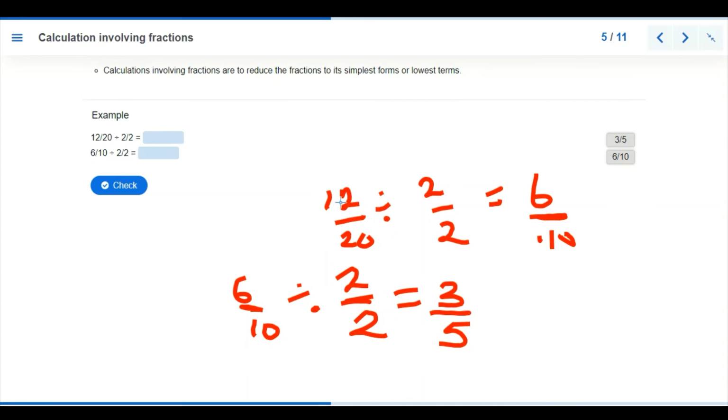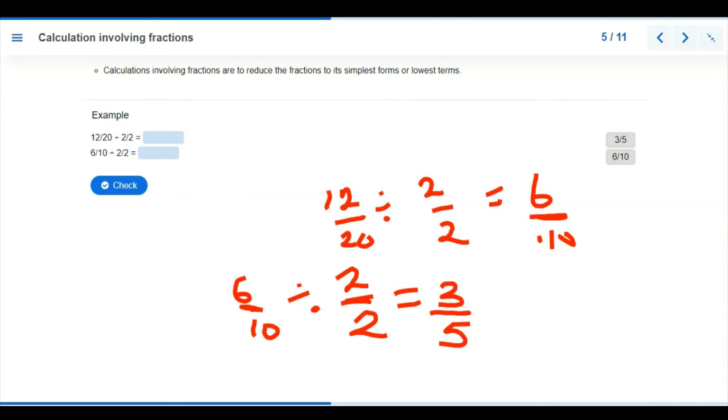So 12 divided by 20 will give us 6/10. While 6 divided by 10 will actually give us 3/5. So that will lead us to get the solution for this equation from here.